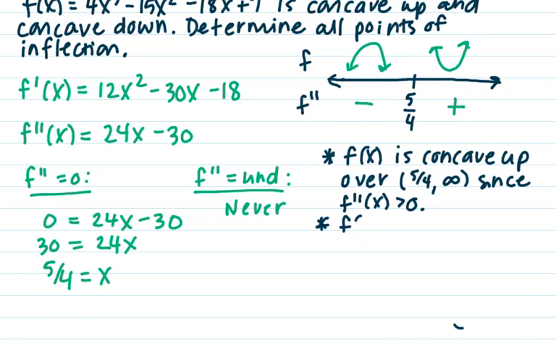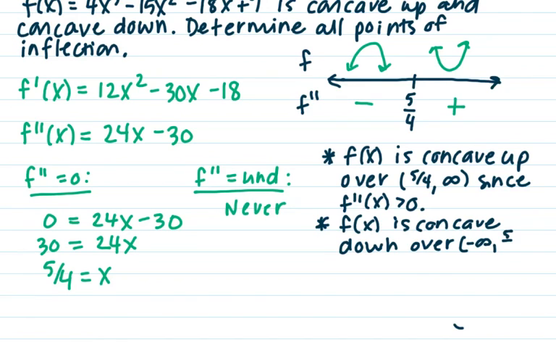Okay, and similarly, the function is concave down over negative infinity, comma, 5/4, since f double prime is less than 0 on that interval.